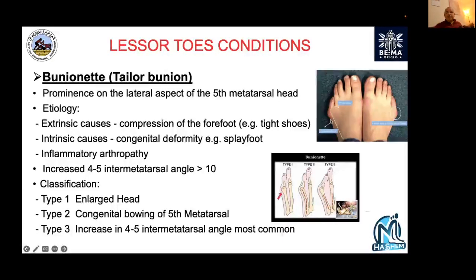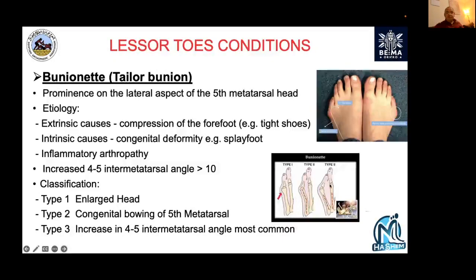This prominence can happen because of one of three causes. Cause number one, the head itself is big, which is what we call type 1. So the head itself has a deformity. Number two, there is a deviation in the shaft, so the shaft itself is deformed. The relation between the fourth and fifth metatarsal is maintained, but the fifth metatarsal shaft is deformed or deviated, as you can see.